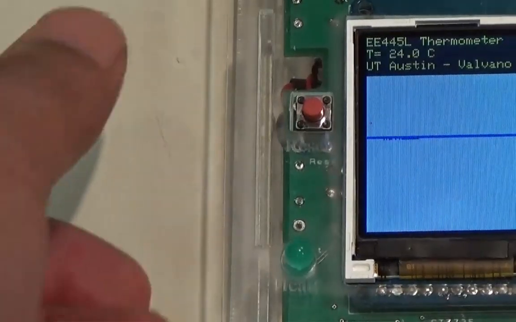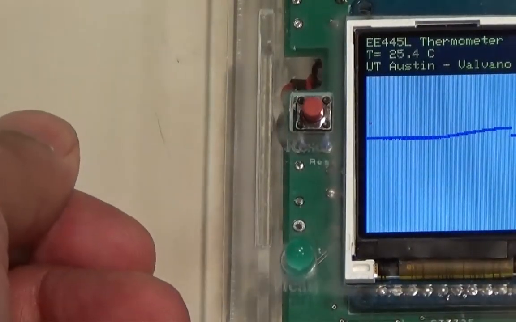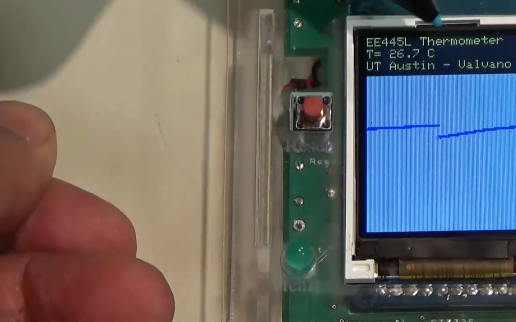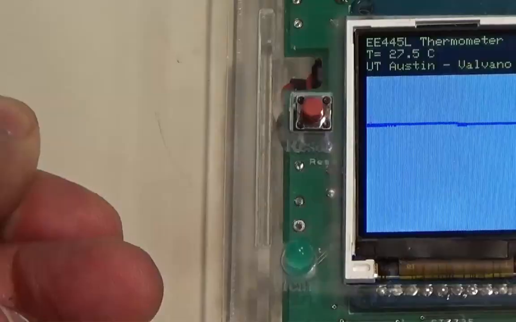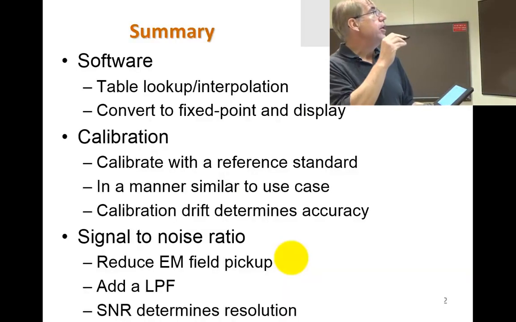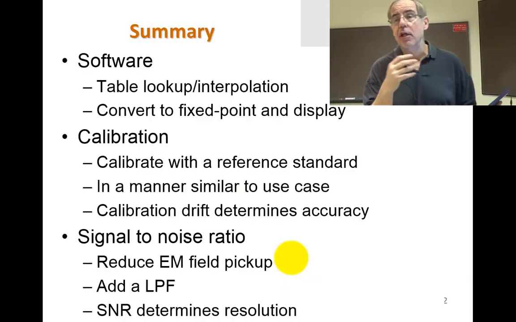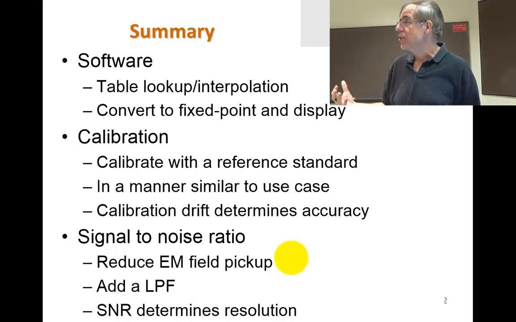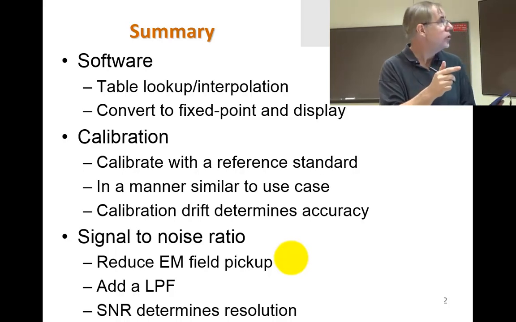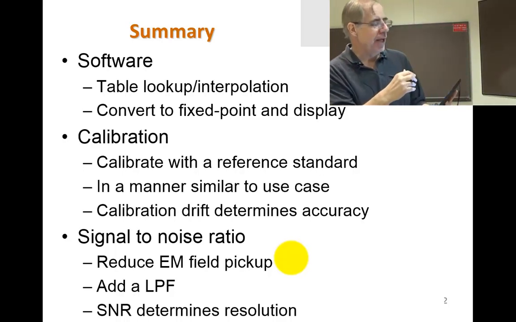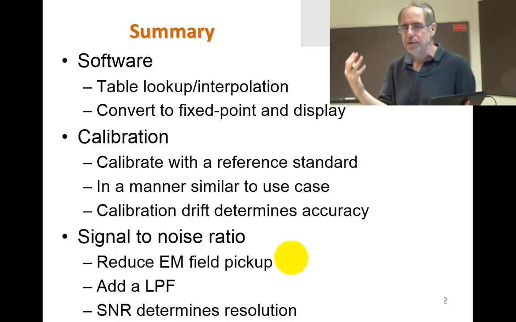If we increase the temperature of the probe by grabbing onto it, we can see that the temperature rises both in the graph as well as in the number. So in summary, we're going to use software to do a table lookup. The spreadsheet will actually give you that table. And then we'll use fixed point to go on the display. Read the lab manual. I show you how to do the graphics.